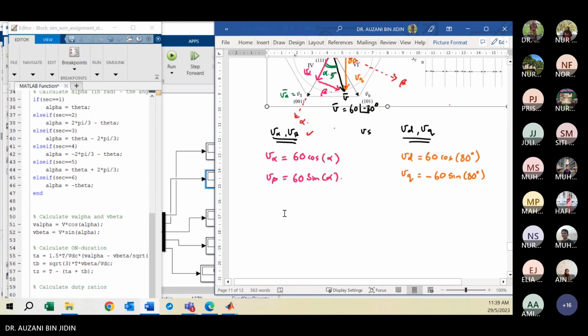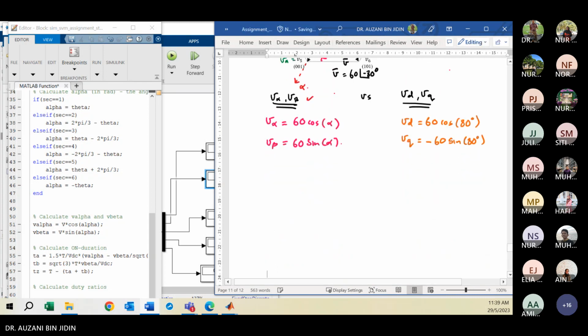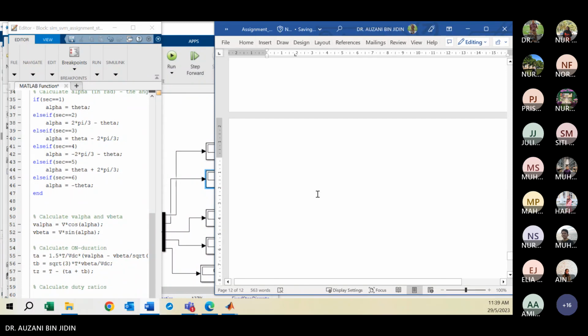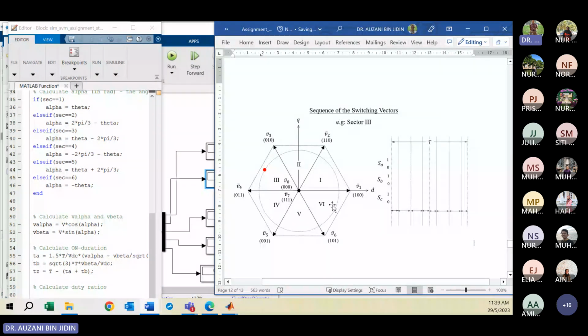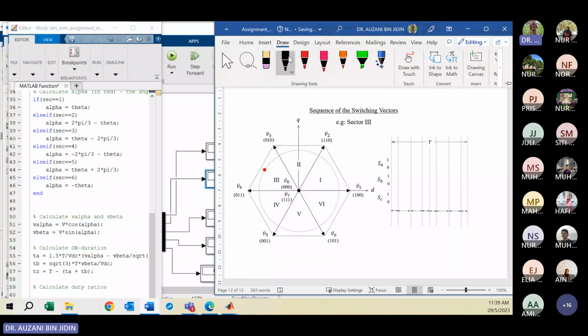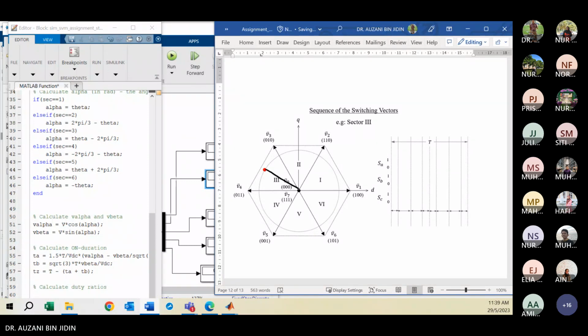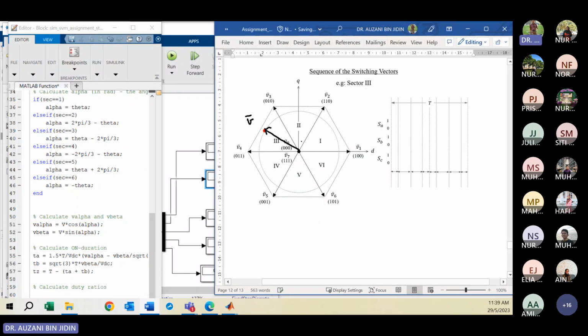Copy, control V, paste. Here. Okay, let's say now your space vector is located here. This is your space vector in sector 3. This is your given angle, theta.